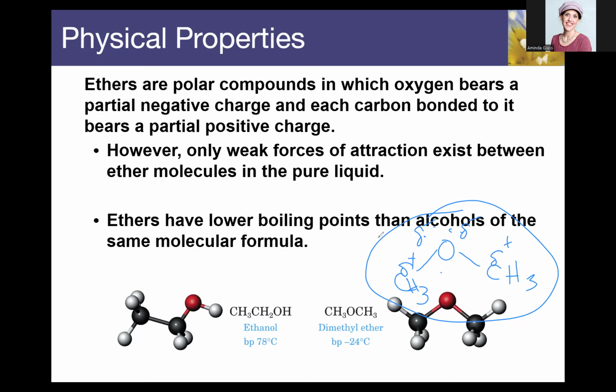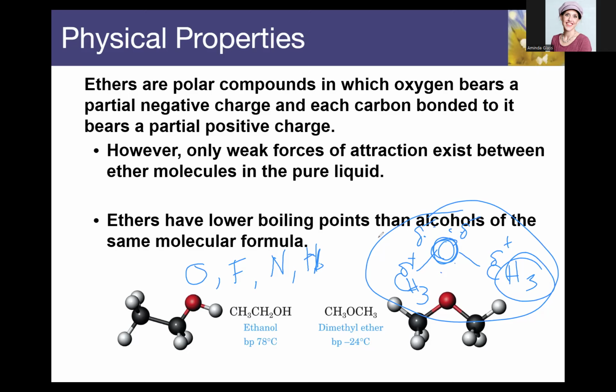Even though it's polar, it doesn't hydrogen bond. Remember, to hydrogen bond, you have to have hydrogen bonded to oxygen, fluorine, or nitrogen in order for hydrogen bonding to occur. This oxygen isn't bonded to a hydrogen, so it is not going to hydrogen bond, because these hydrogens here aren't polar.